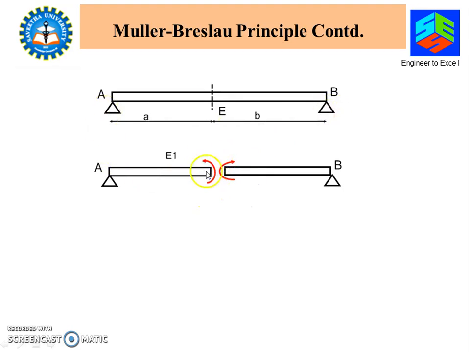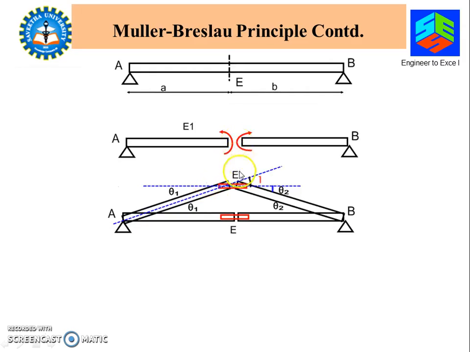See the case here. At the point E, we want to draw the ILD for the bending moment at E. As the Muller Breslau principle says, at the point E, we have to introduce a hinge.